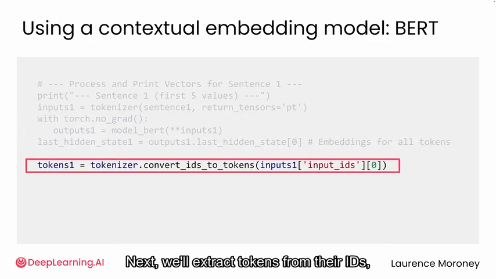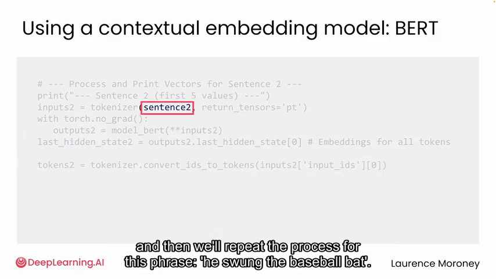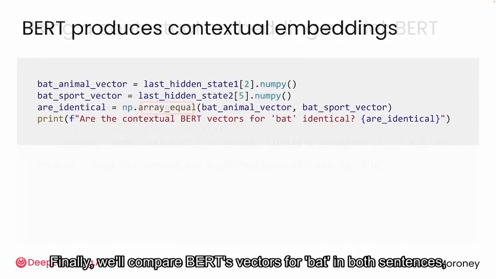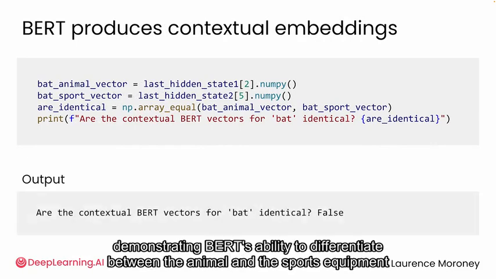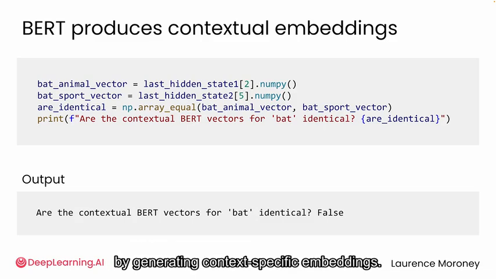Next, we'll extract tokens from their IDs, and then we'll repeat the process for this phrase, he swung the baseball bat. Finally, we'll compare BERT's vectors for bat in both sentences, and you'll find that they're different, demonstrating BERT's ability to differentiate between the animal and the sports equipment by generating context-specific embeddings.